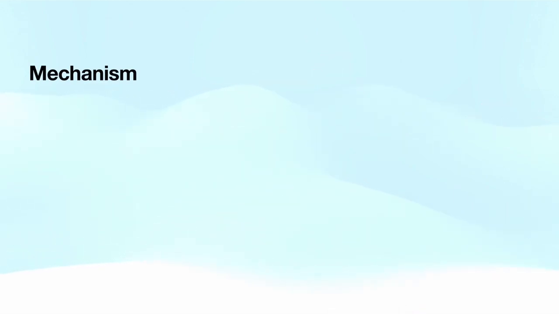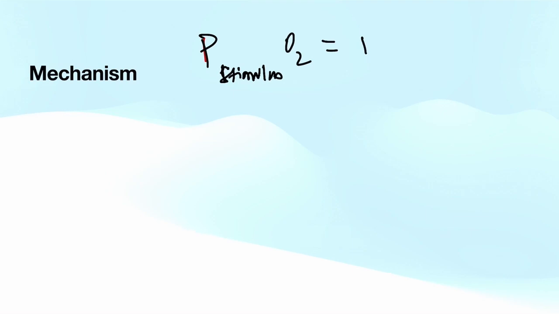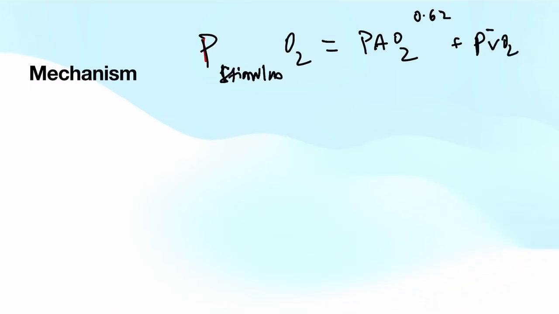So what is the stimulus for the hypoxic pulmonary vasoconstriction? So generally it can be defined by a formula that is also derived from the animal studies, that is expressed as P stimulus O2 equals PAO2 per 0.62 plus PvO2 per 0.38.